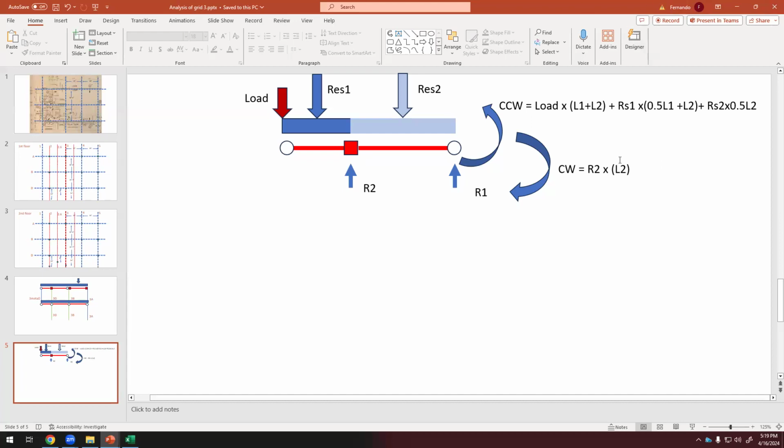Okay, so here the only unknown is R2. That's what we have to calculate. So we have the load times the distance plus, how can we do that in Revit? We can do it all at once, or we can have something in the step that is halfway.